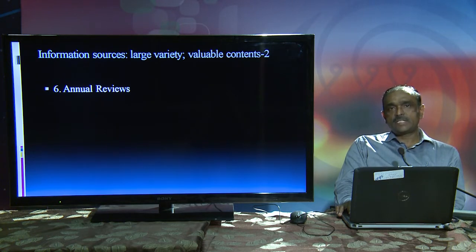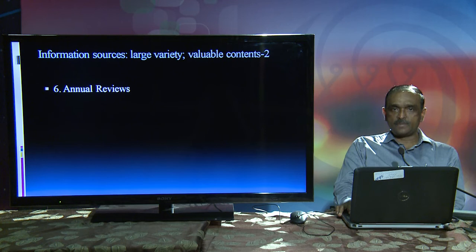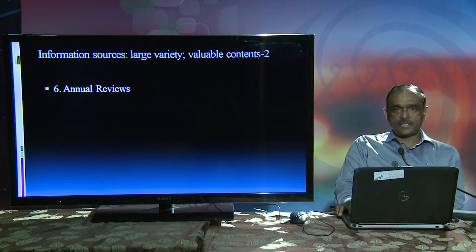Some of them select a topic, and whatever has been the literature published on the given topic till now, that has been reviewed. The important part of the annual reviews is that apart from providing you a systematic review of the literature on the given topic, they do also provide an extensive bibliography of the topic that you are referring to.